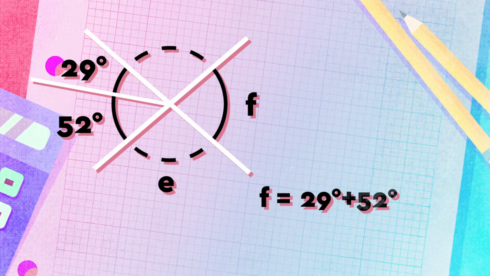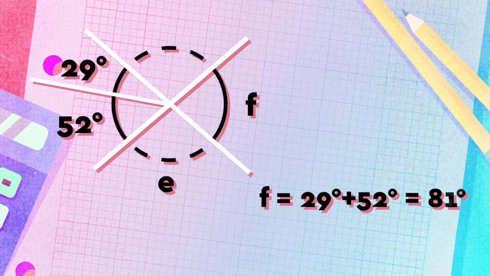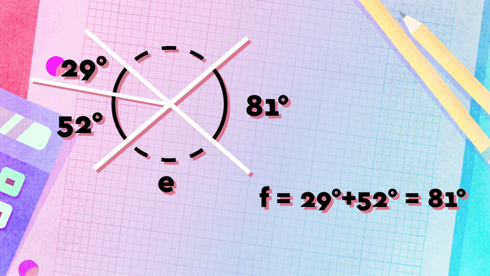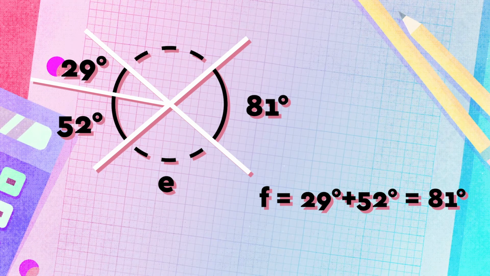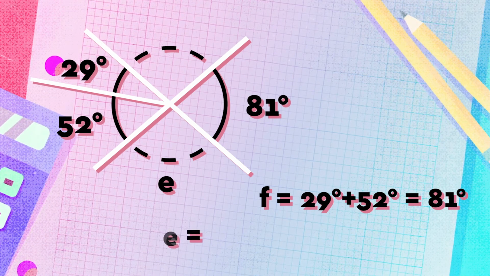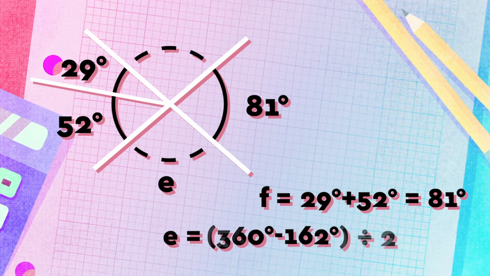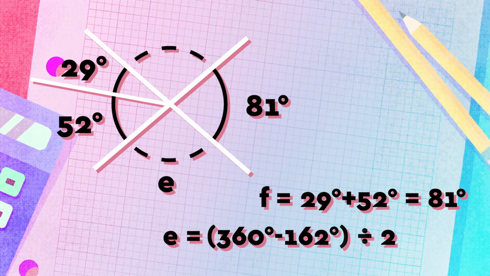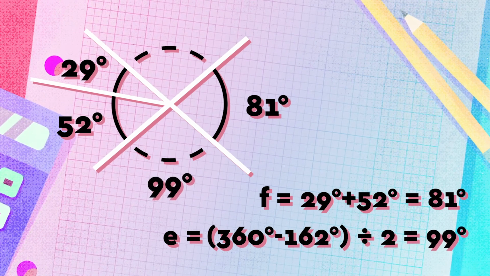Therefore, angle F is 81 degrees. Since angle F and the angle opposite add to 162, 81 plus 81, then the two other angles must total 360 less 162, which is 198 degrees. Angle E is exactly half of this total, so E is 99 degrees.